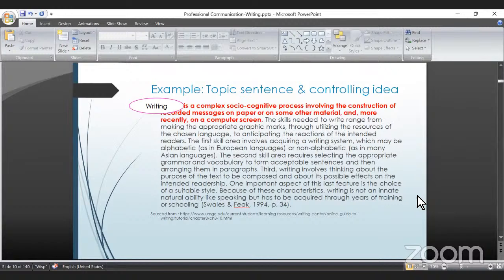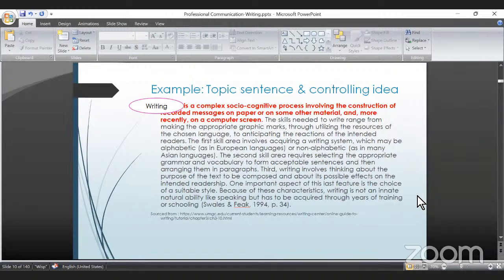This part is what is referred to as the controlling idea in a topic sentence. So the topic is definitely writing. Remember from the discussion we had just a few minutes before, the controlling idea is what sets the perspective or the direction of what you're going to write. It sets the agenda of what we are going to read further about the topic.